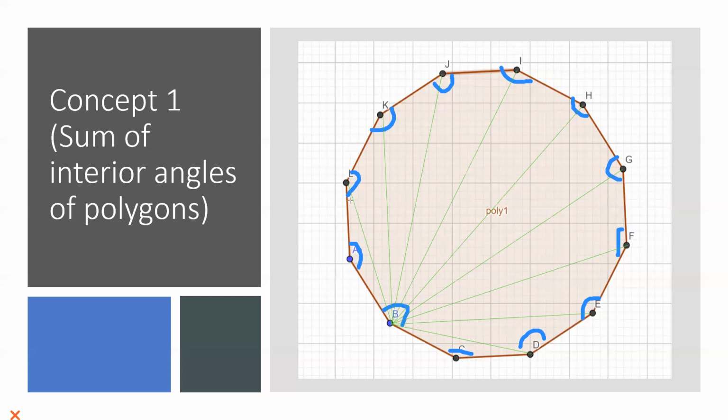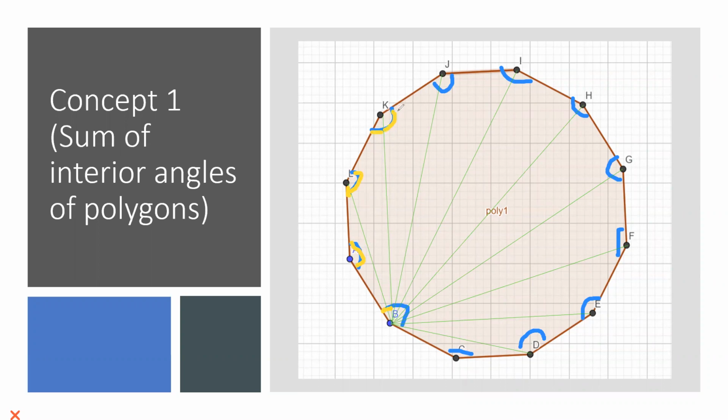From this triangle, 180, this part is marked, and this part is also marked, and this little teeny weeny part is marked. For the second triangle, now we're on 360, marked, marked, marked.